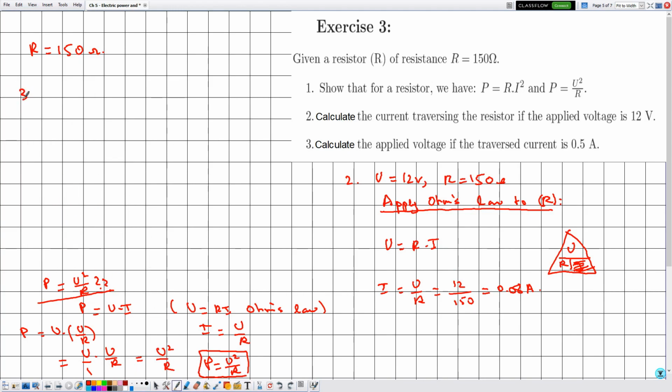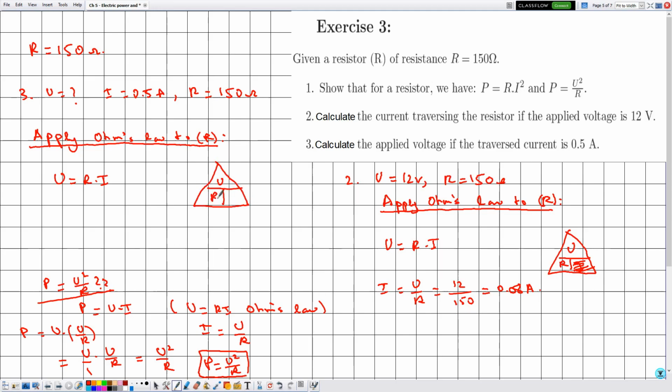And now in number 3, they are telling me to calculate the applied voltage. We need to calculate the voltage if the traversing current I is equal to 0.5 amperes, and we know that the resistance of this resistor is given by 150 ohms. This can be done by using Ohm's law. So always in physics, whenever we apply a law, we need to mention the law that we are using. Apply Ohm's law to R. Then U is equal to RI.